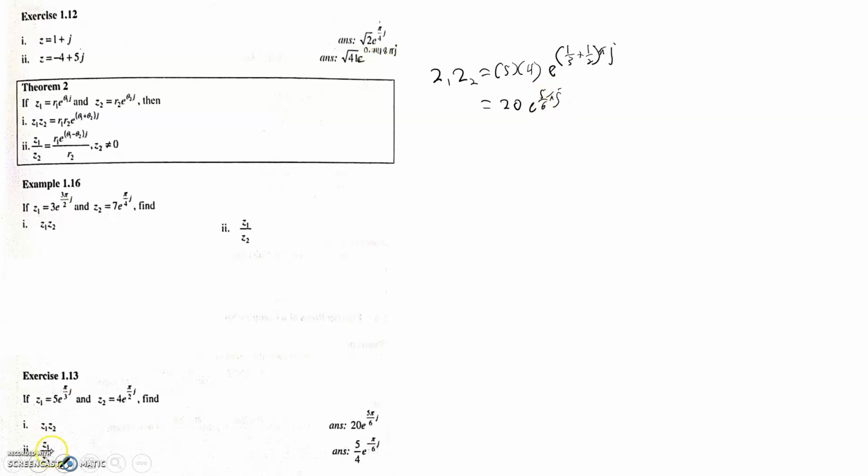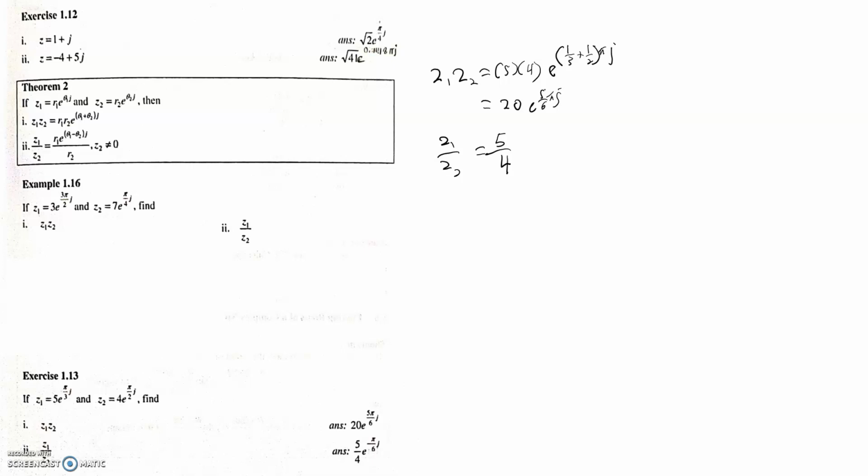And for the second one, which is to divide, z1 over z2, we need to divide the r, so 5/4, and we need to subtract the two theta radians.